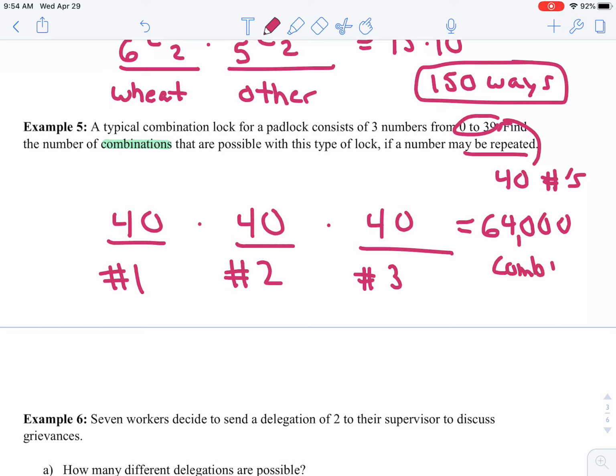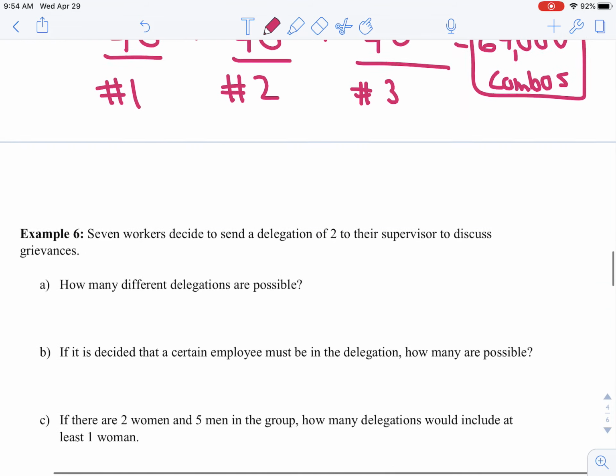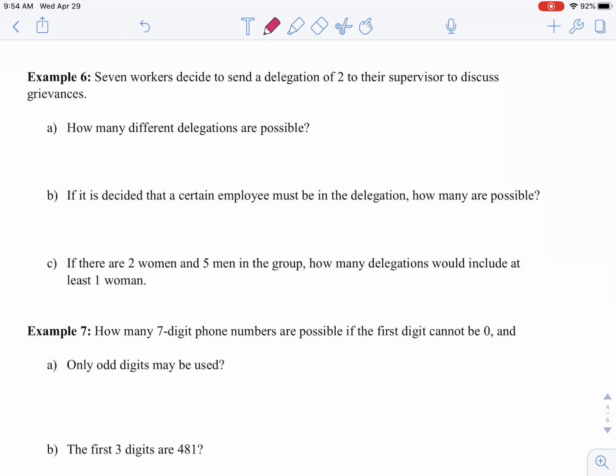So I end up with 64,000 combos. So when you think about the combos on your locker or what you use for your P.E. locker room, they do have a lot of choices that they are able to make from there.